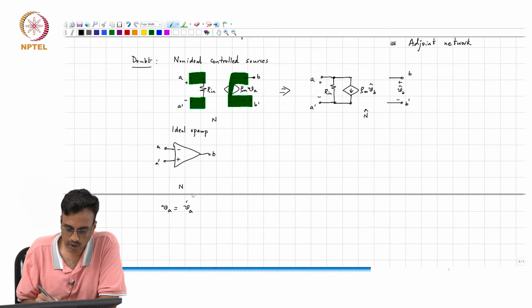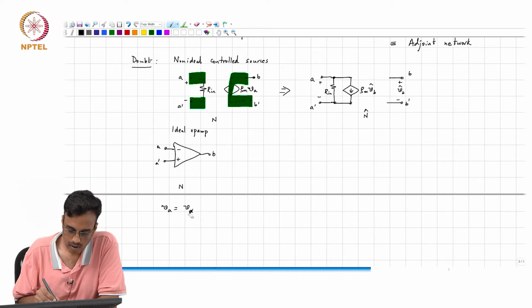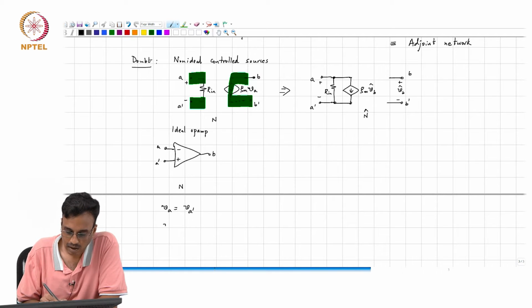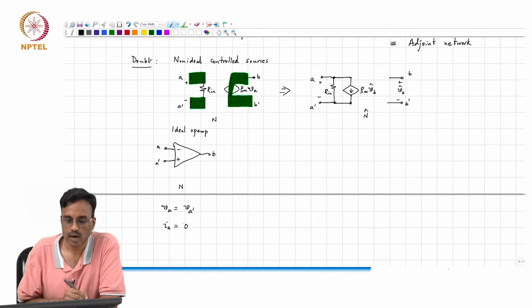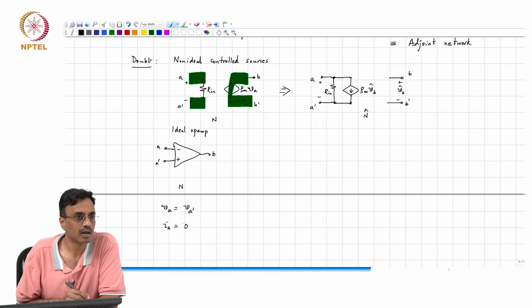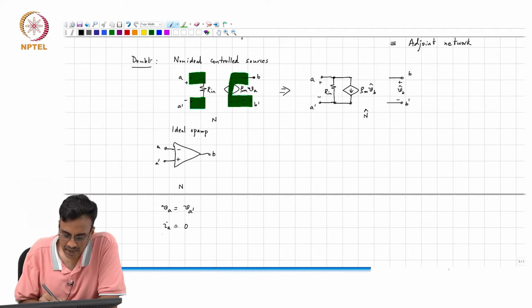VA must be equal to VA prime. Okay, and IA equal to 0, and what comment can we make about VB? Well, VB is dictated by the circuit, right? Okay, and under what conditions are these valid?